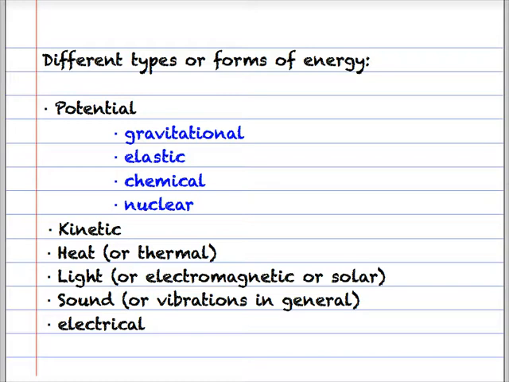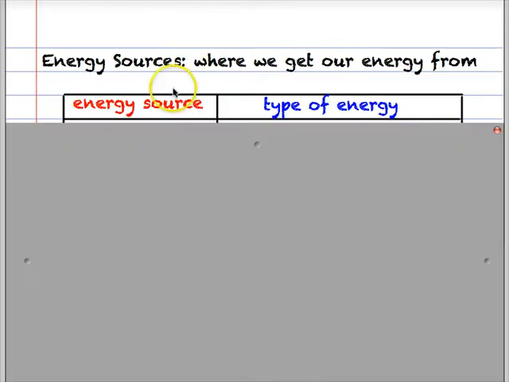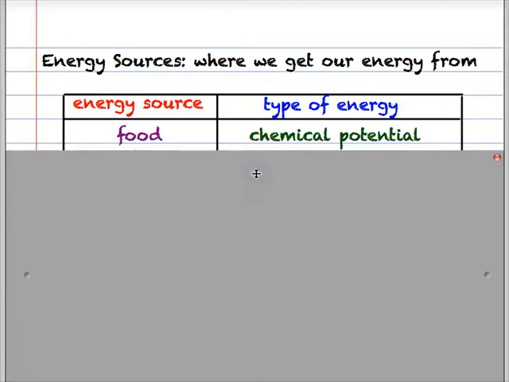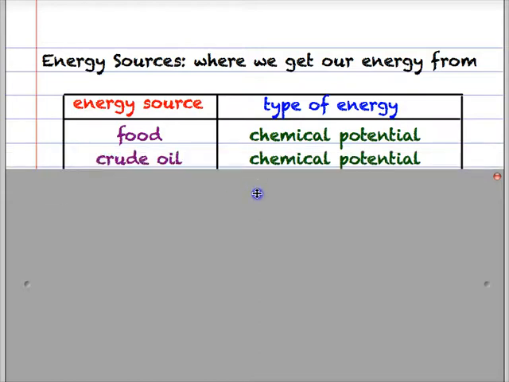And these forms of energy are present, if you like, in the energy sources that we can find around our planet. Energy sources such as food, the most important energy source to us as humans, which has chemical potential energy. When we eat it, the chemical bonds are changed and it releases energy for us.